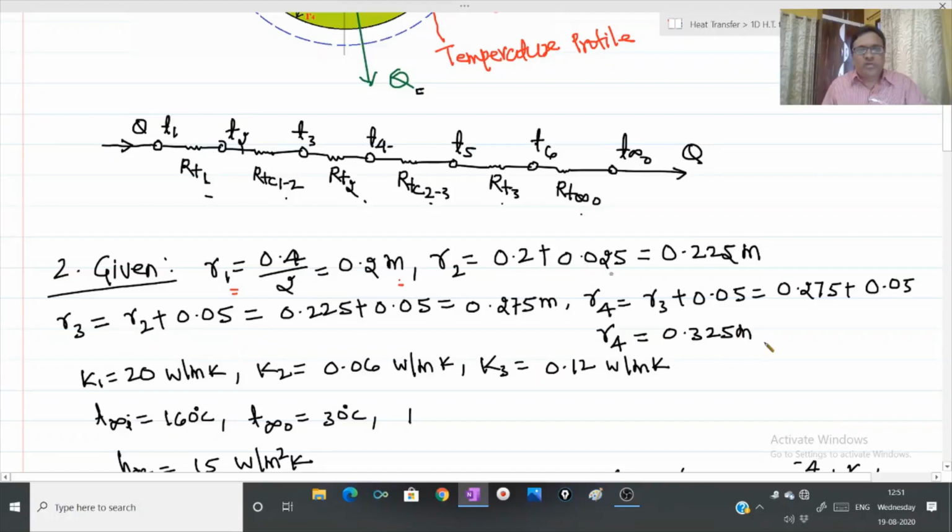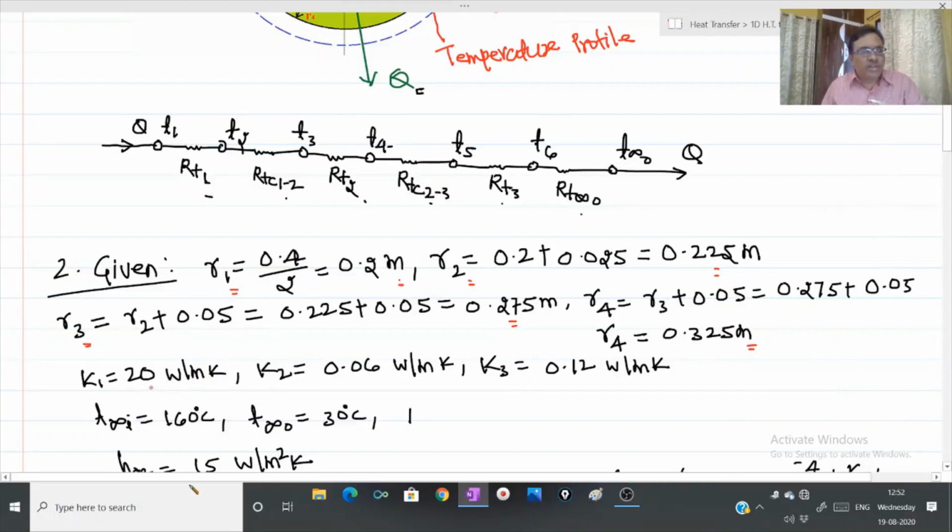The sphere is of 25 mm thickness, so its outer radius will be 0.225 meter. Insulation 1 thickness is 5 centimeter, so its outer radius will be 0.275 meter. Insulation 2 thickness is again 5 centimeter, so its outer radius will be 0.325 meter.